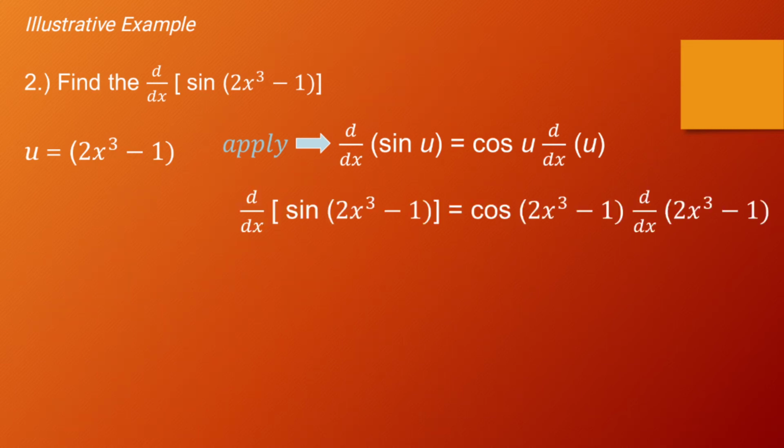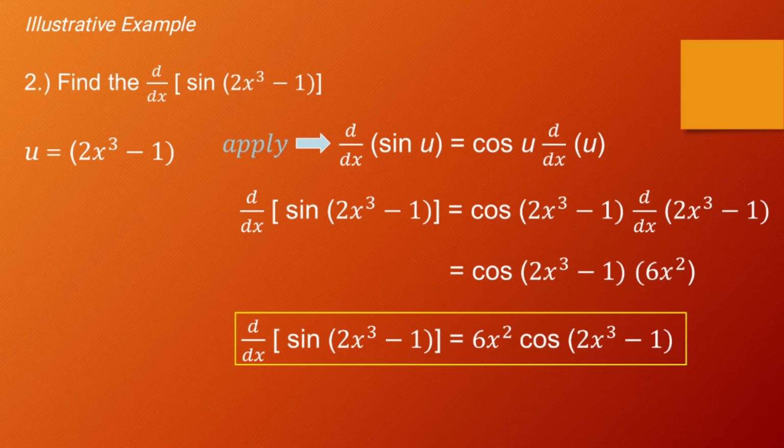So plugging in the value of u, we have cosine the quantity 2x cubed minus 1 times the derivative of 2x cubed minus 1. The derivative of 2x cubed minus 1 is 6x squared. So we have cosine 2x cubed minus 1 times 6x squared. And to further simplify, the derivative for sine quantity 2x cubed minus 1 is equals to 6x squared cosine quantity 2x cubed minus 1.